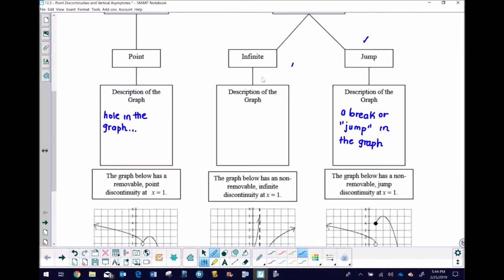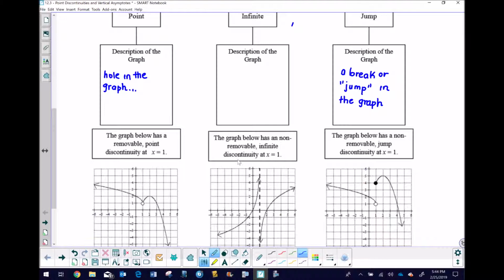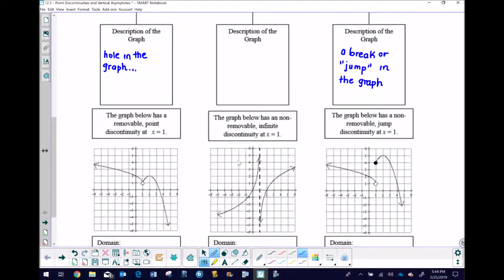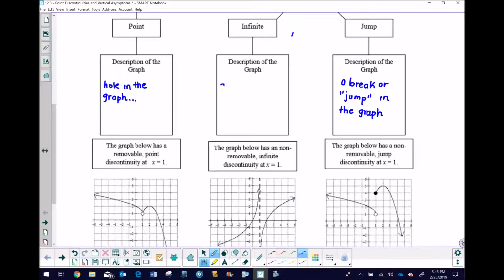Now the infinite discontinuity is the piece that's going to be new, at least if you're one of my students currently. Here we see the graph below that has this non-removable infinite discontinuity, characterized by this dashed vertical line, which you're likely familiar with from Algebra 2 class, and that's referred to as a vertical asymptote.